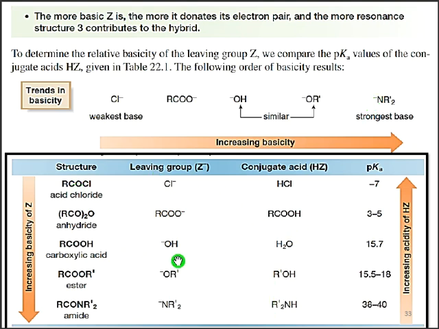And here in this table also the basicity increases from up to down, and if you compare the conjugate acids, you know HCl is a stronger acid than the alcohol, for example, and the pKa value for HCl will be -7, very low compared with the alcohol and the amine compounds.